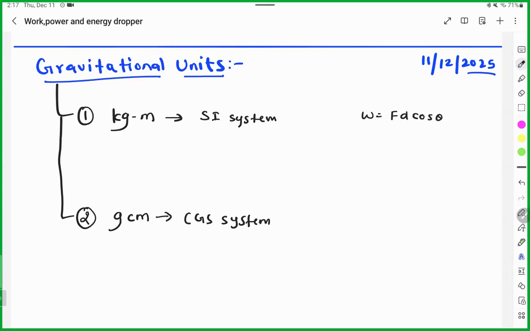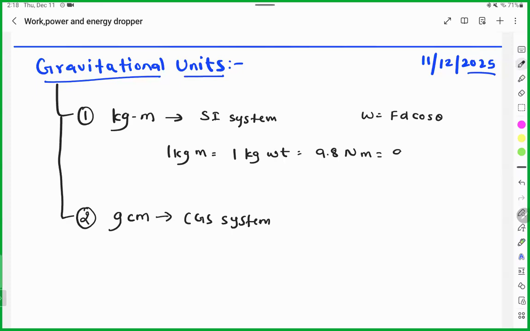So in the same way here, 1 kilogram meter will be equal to 1 kilogram weight multiplied by 1 meter. And this will be equal to 9.8 Newton, and meter is meter, correct?